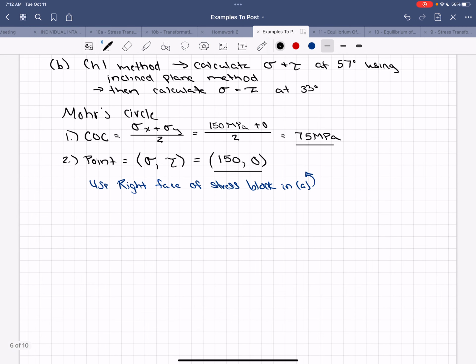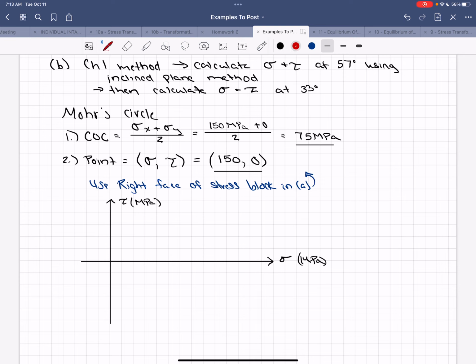So we can draw our Mohr's circle. This is the normal stress axis in megapascals, and this is the shear stress axis in megapascals.